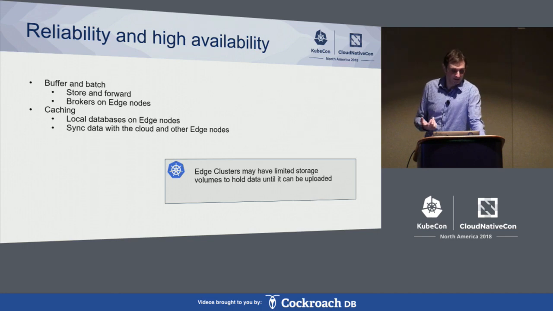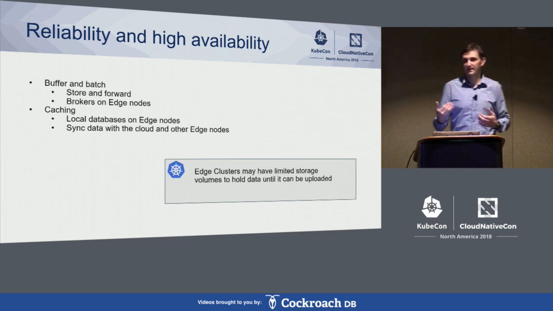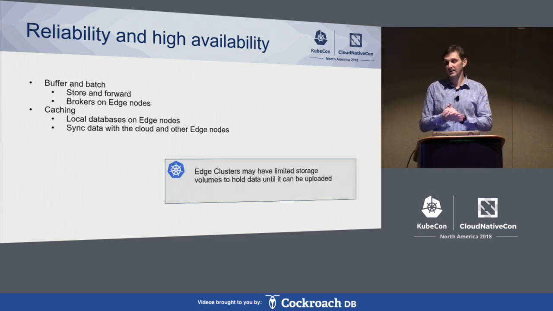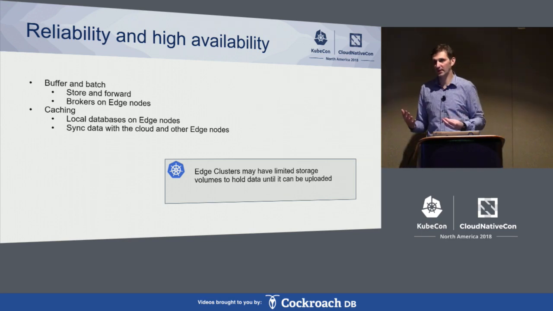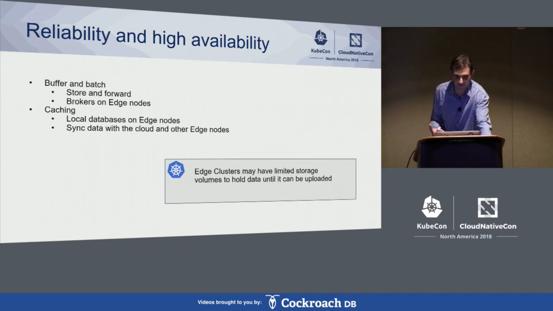So for that purpose, usually two solutions come into play, and those are workloads dedicated to buffering data on the edge and caching it locally. So people tend to put message brokers closer to the edge, and they try to put databases of all kinds on the edge nodes, so that other workloads running there can have the impression that they're always connected to the cloud, even if the reality does not reflect that.